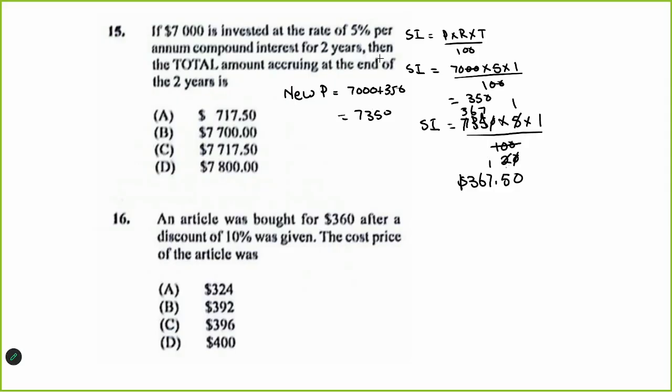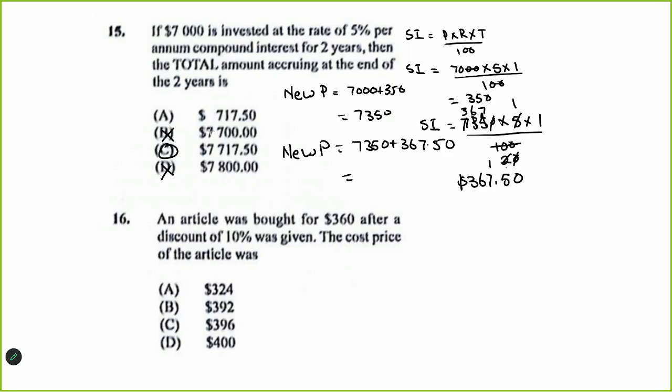But what did they ask you? Then the total amount accruing at the end of the 2 years would be this amount. So that would be your new principal, 7,350 plus 367.50. So the one with 50 cents, so it won't be this and it won't be this, right?